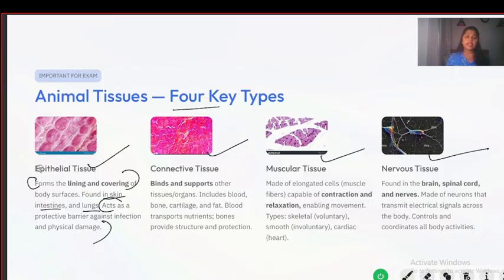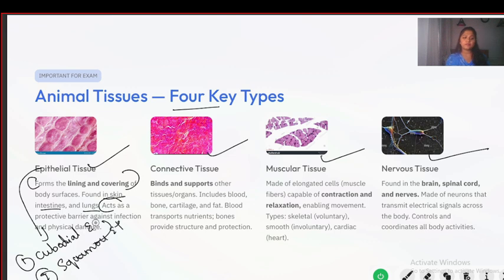Now in this again there were three types, if you remember: cuboidal epithelium, then squamous epithelium, and stratified epithelium. They also had different functions, like absorption and secretion.